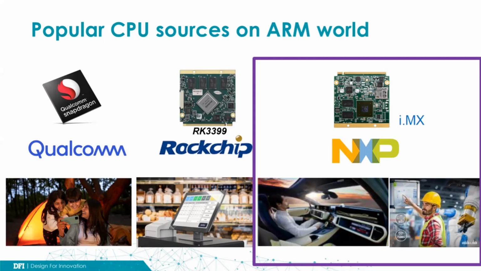But today, we would like to show you the NXP CPU selections, because the i.MX product series has already launched for years and shipped millions of CPU units to different kinds of applications. It's the most popular in automotive, the high-end segment, and industrial applications.